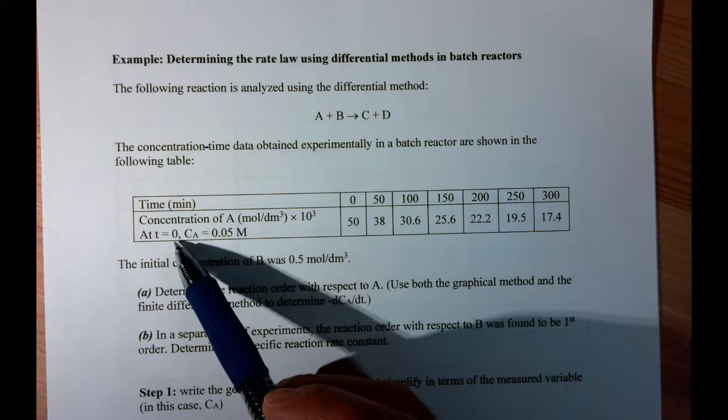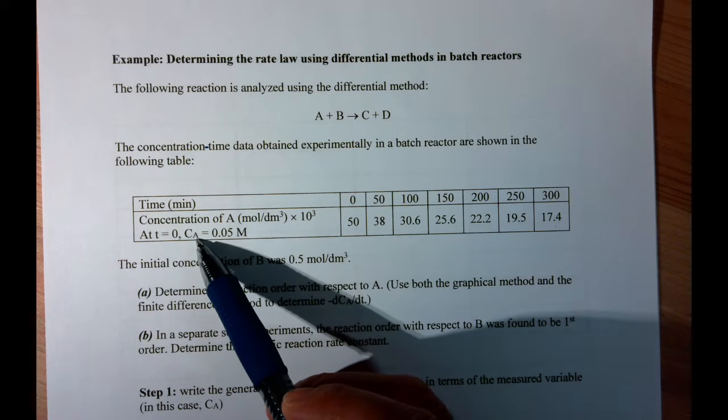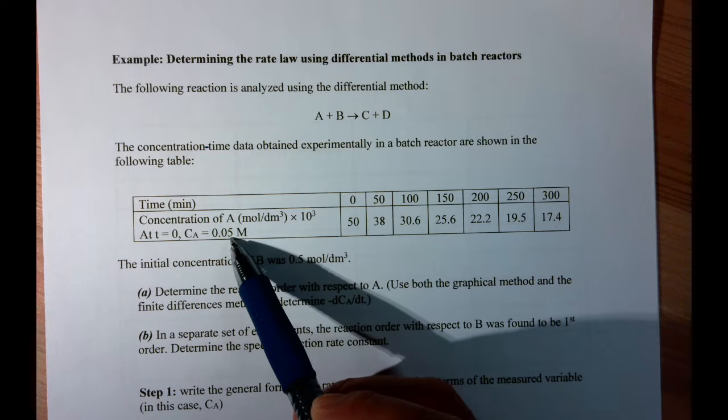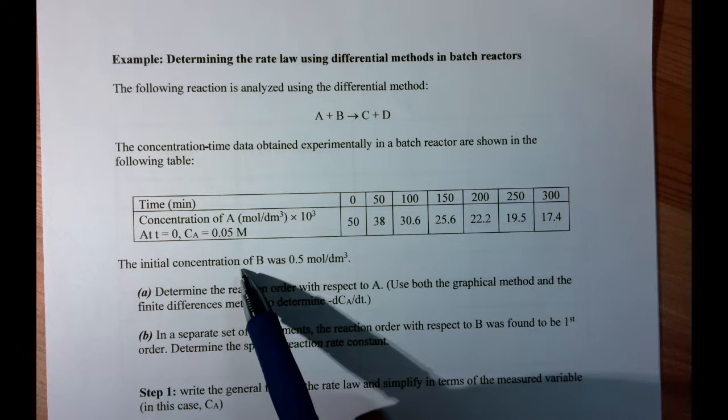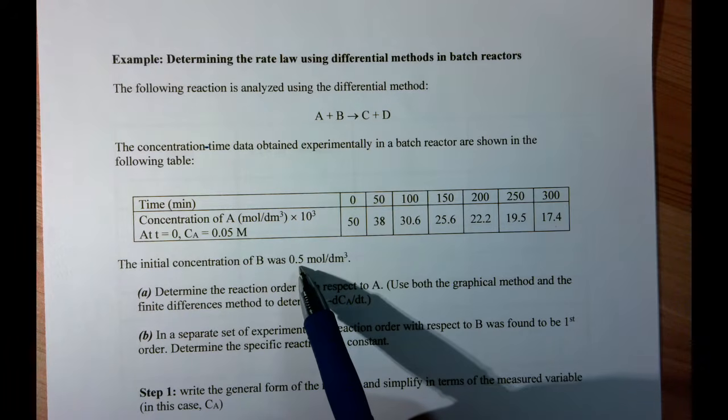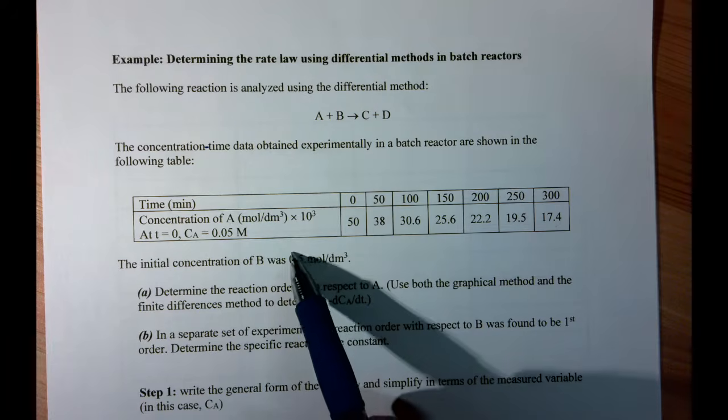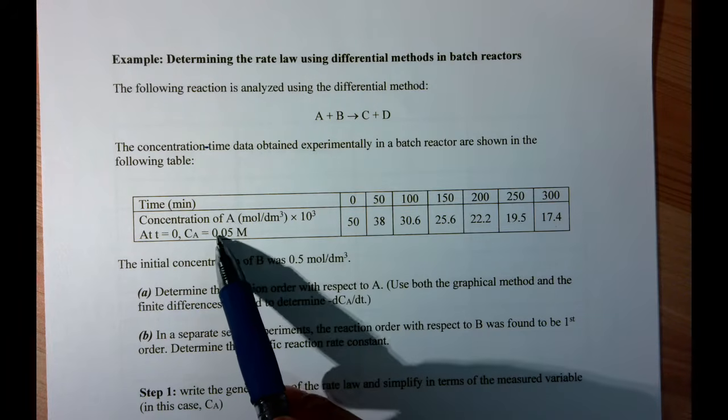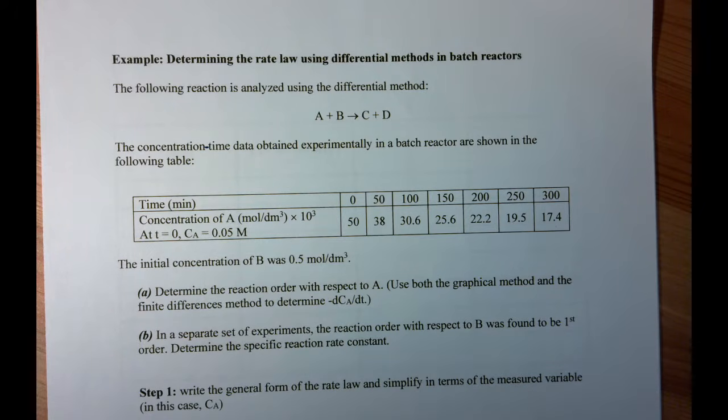And at time 0, Ca is 0.05 moles, and the initial concentration of B is 0.5 moles. So this concentration of B is much higher than the concentration of A. It's an order of magnitude higher. And this is important because it's going to help us make an approximation which will facilitate our calculations.